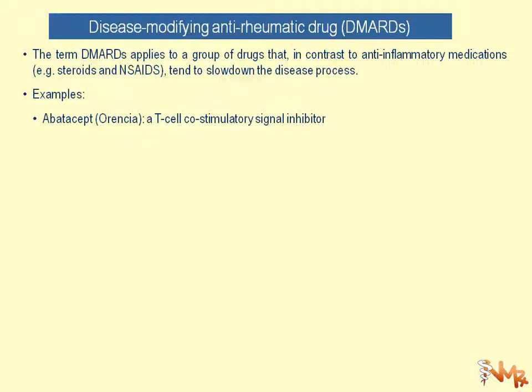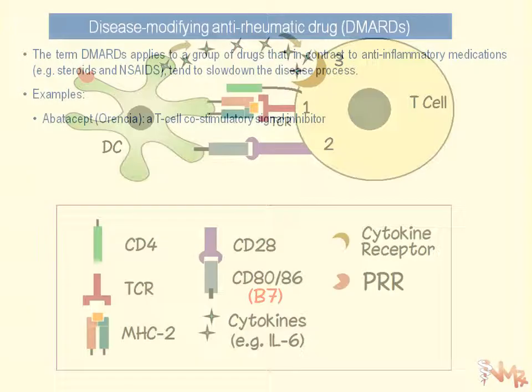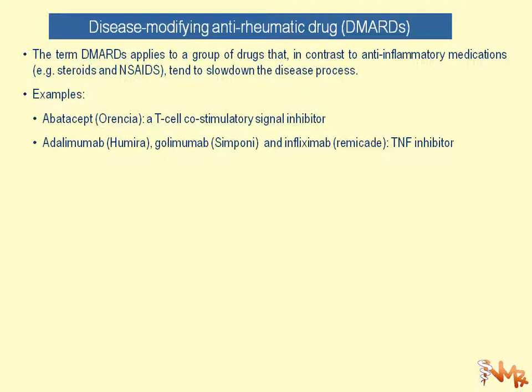This is a T-cell co-stimulatory signal inhibitor, and as we have mentioned earlier, the well-known protein B7 is involved in interactions between T cells and APC cells, and it acts as a co-stimulatory factor, and Orencia inhibits that.